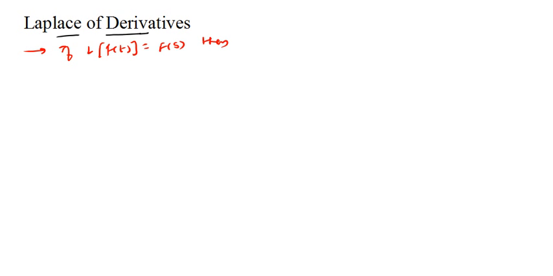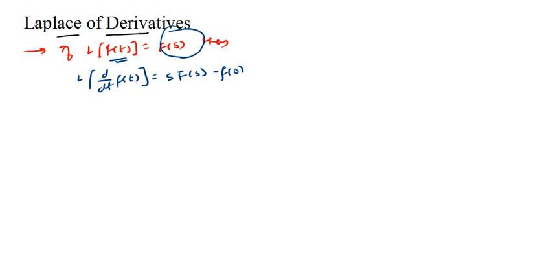Then if I take the derivative of f of t, that is d by dt of f of t, what will happen to the RHS? Then this will be s into F of s minus f of 0.